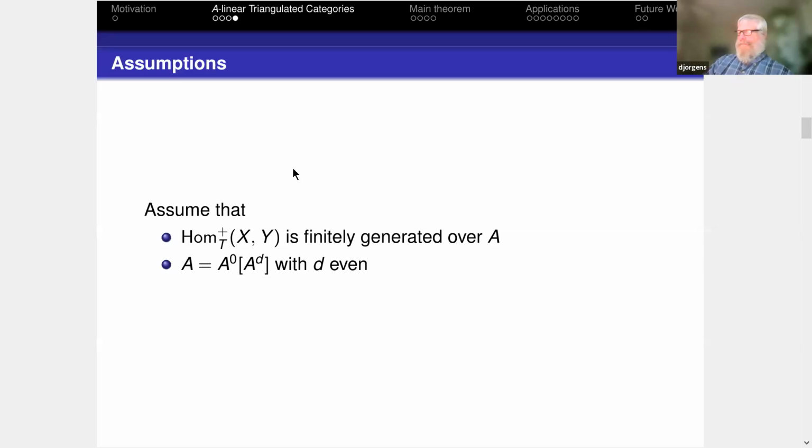And if it happened not to be even, well, you just double it and make it even. And when the Hom star was finitely generated over the original A, it's still finitely generated over the subalgebra. The point being, now we have a subalgebra that's commutative and has all generators in the same degree. So this allows us to do some commutative algebra, basically. Okay, so those are the assumptions.